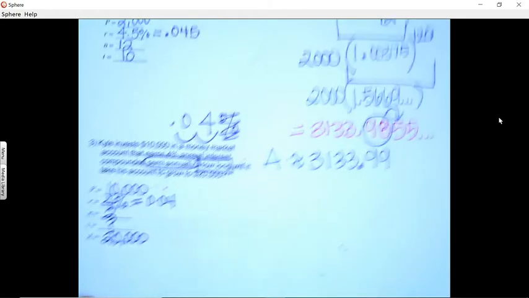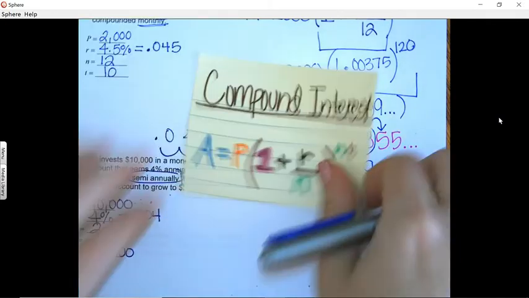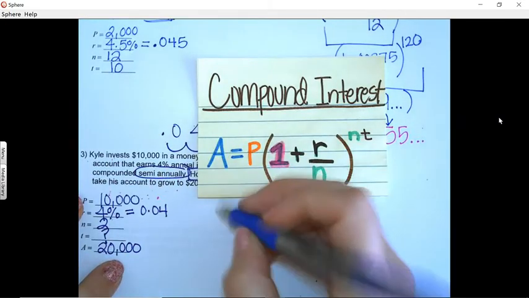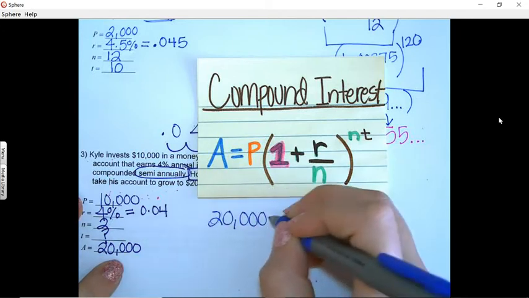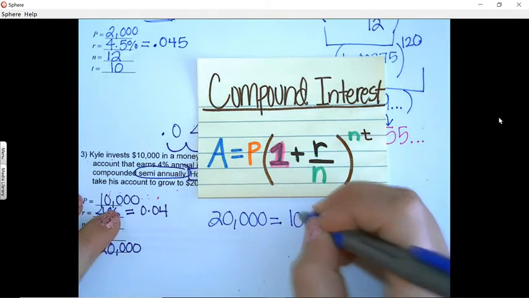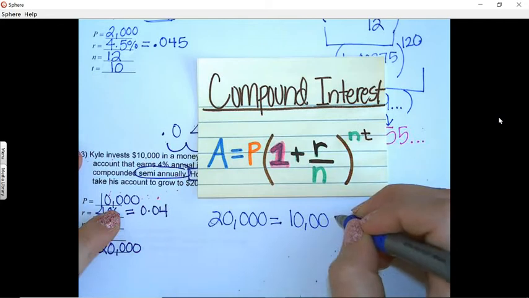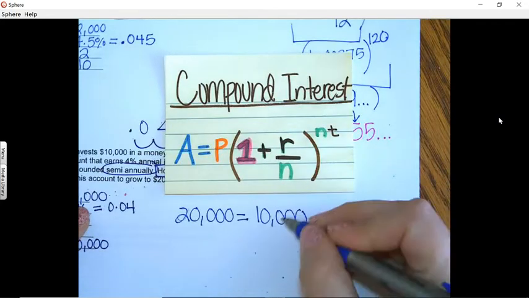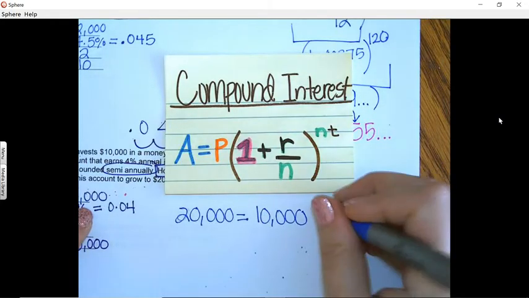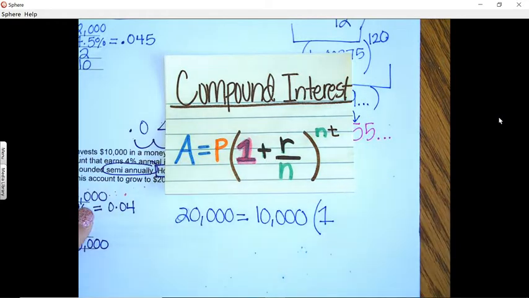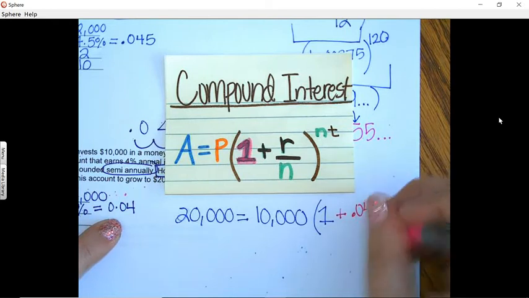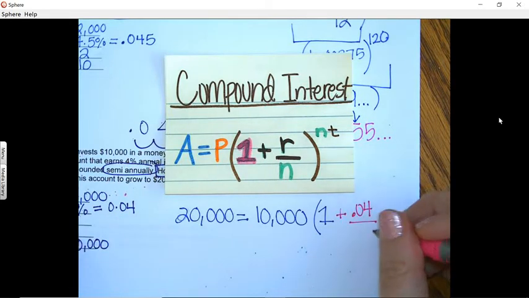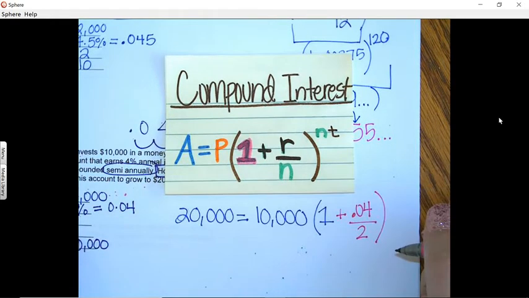So this time when we use our formula here, we know our A. So it's going to be 20,000. Kyle starts with 10,000, so he wants his money to double, go from 10 to 20. And we're going to take that whole amount, add 4% interest, divided into semi-annual, so twice a year.